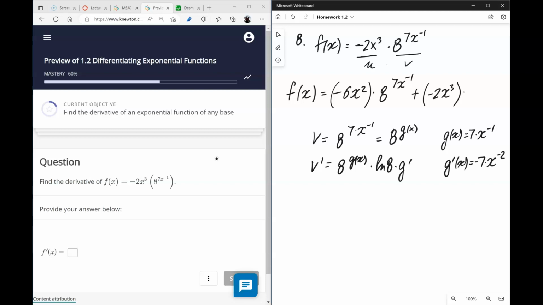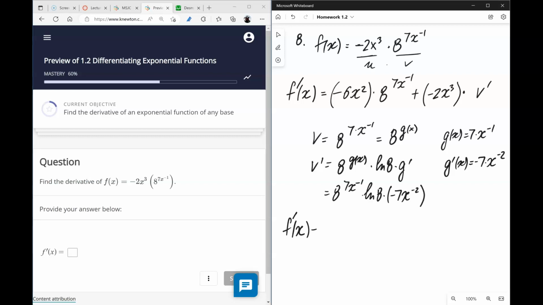And so here goes my derivative of v. Right over here. So v prime is 8 to the power 7x to the power minus 1 times ln 8 times negative 7x to the power negative 2. So the final answer will be, and I should put derivative over here.